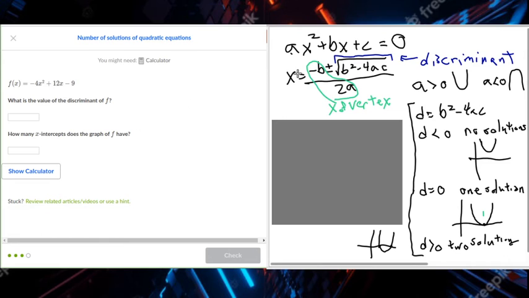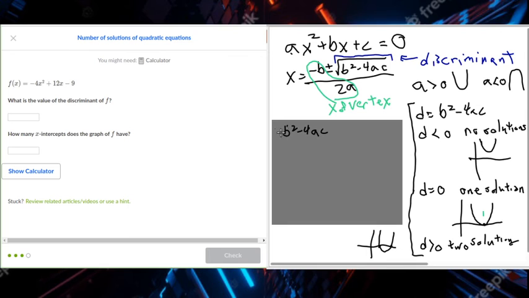Okay, and then we have another question, just like our last one. So what is the value of the discriminant? The discriminant is b squared minus 4ac. Let's check that it's in this format already: negative 4x squared plus 12x minus 9. And yes, that's in that format.